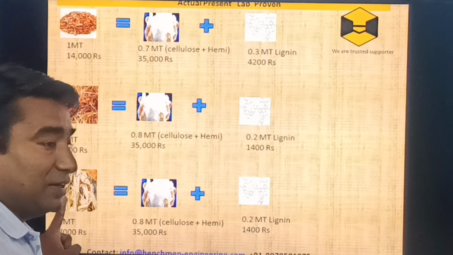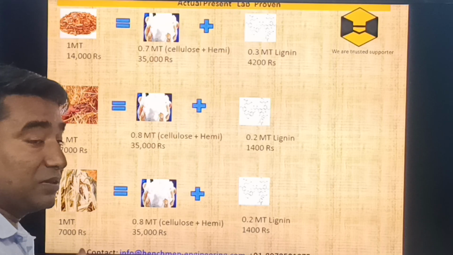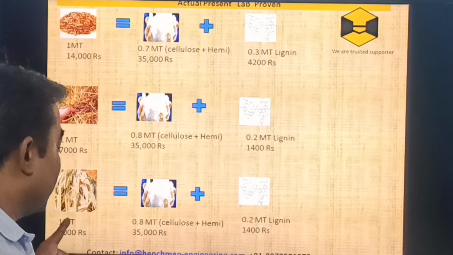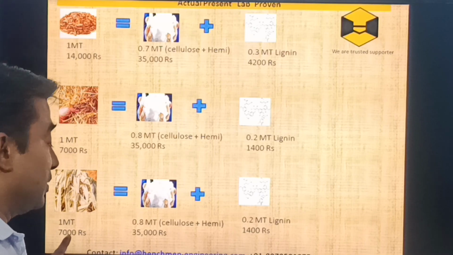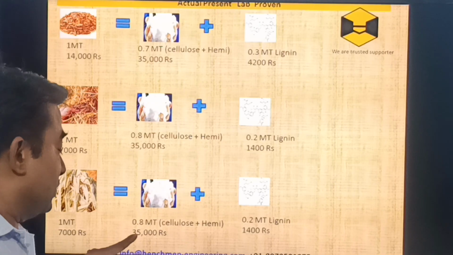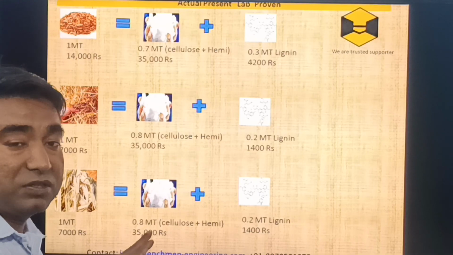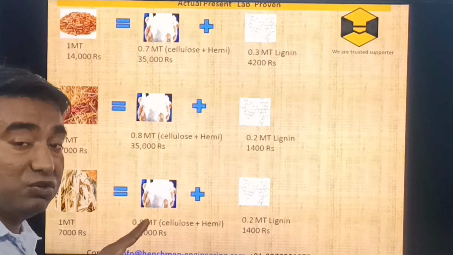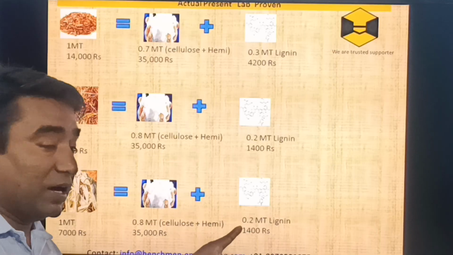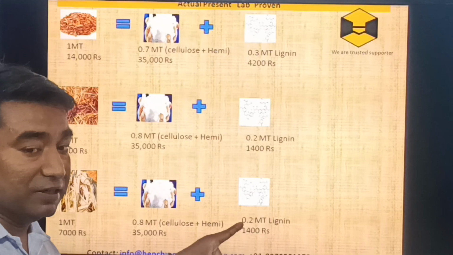In the case of bagasse, because bagasse contains almost 35% pith, after depithing its value will be 7,000 rupees per metric ton, and cellulose will be 80%. It is 35,000 rupee value of cellulose and hemicellulose, and along with it, bagasse has 20% lignin.